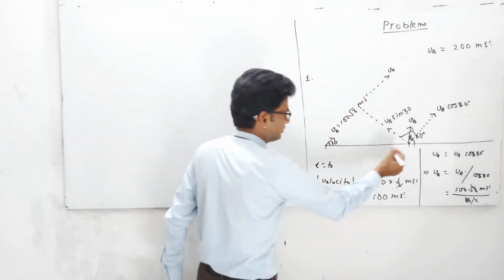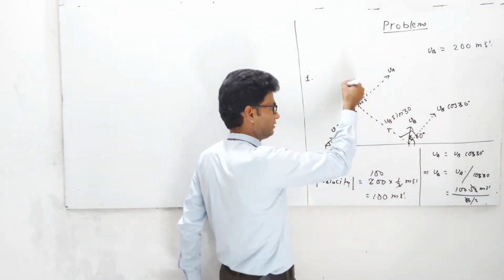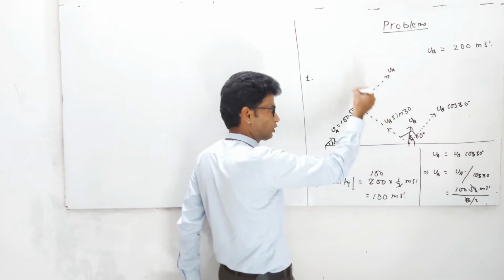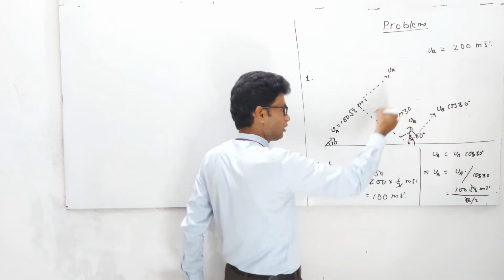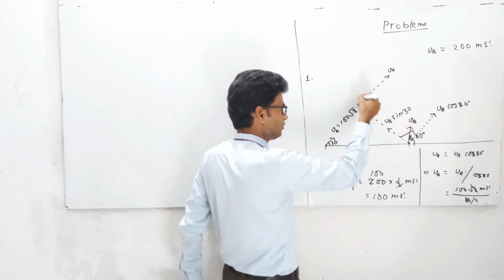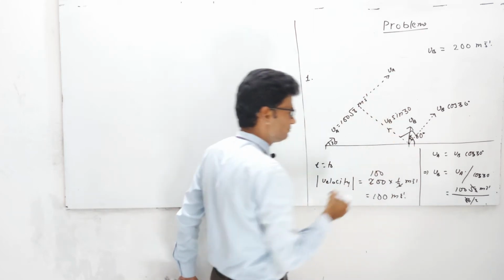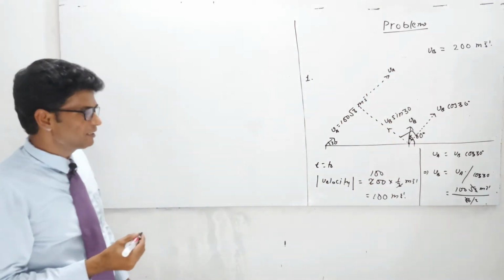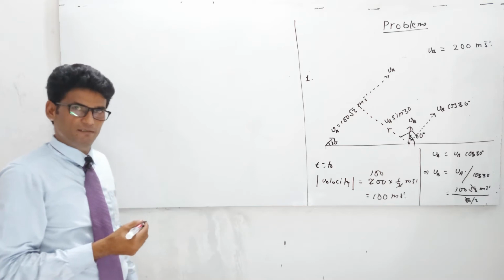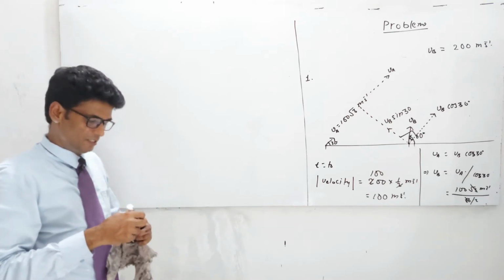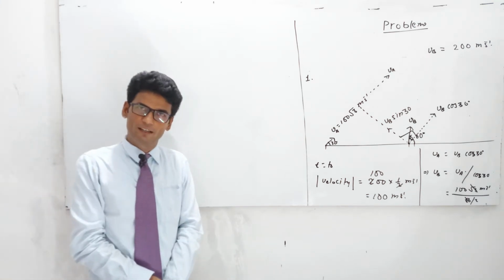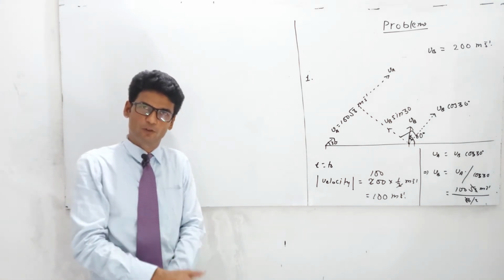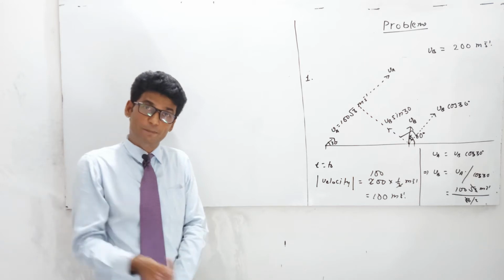Now with respect to A, in that particular direction A has got no velocity, only B has got velocity, VB sin 30 degree. So the relative separation in this perpendicular direction is 500 meter. So we are in a position to use d equals v t. In short, distance is equal to speed into time when speed is constant.